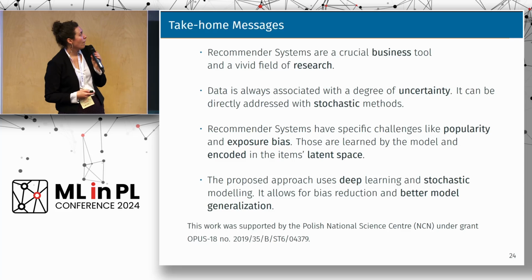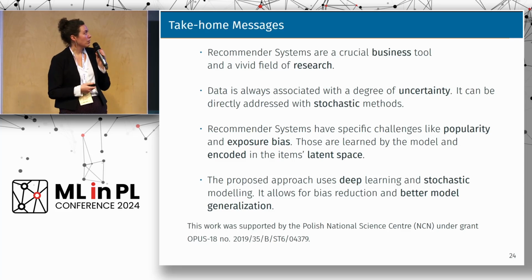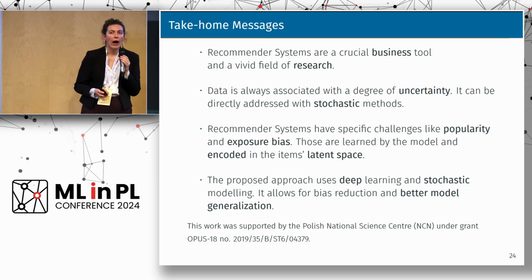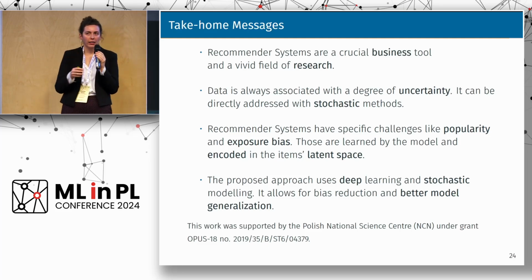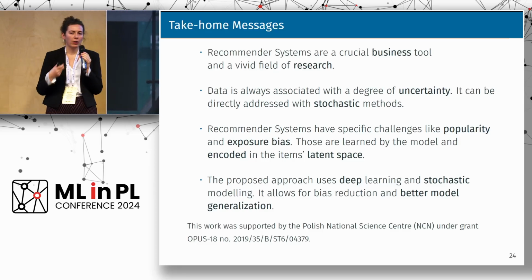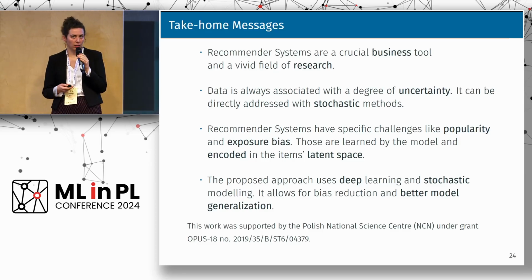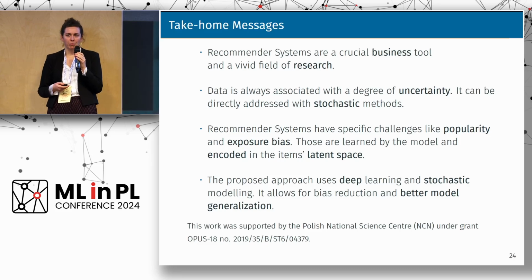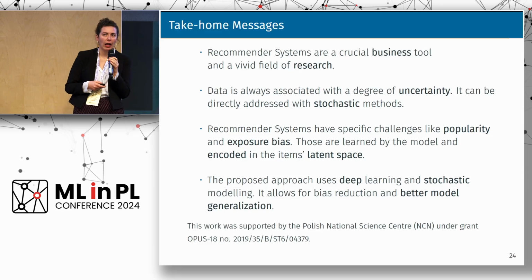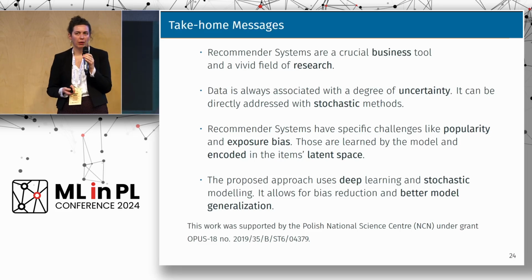So to conclude, recommendation systems are a crucial business tool and a vivid field of research. Incorporating stochastic models into the models allow us to directly address the uncertainty of the data. Recommender systems have some specific challenges, like the popularity and exposure biases.